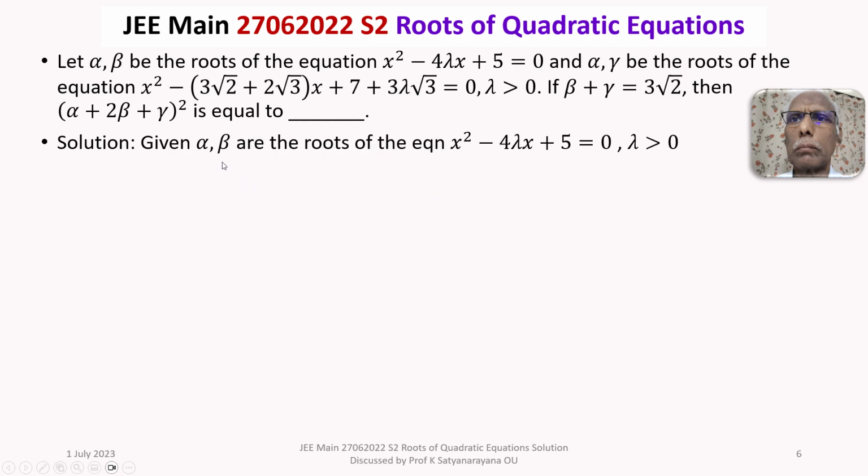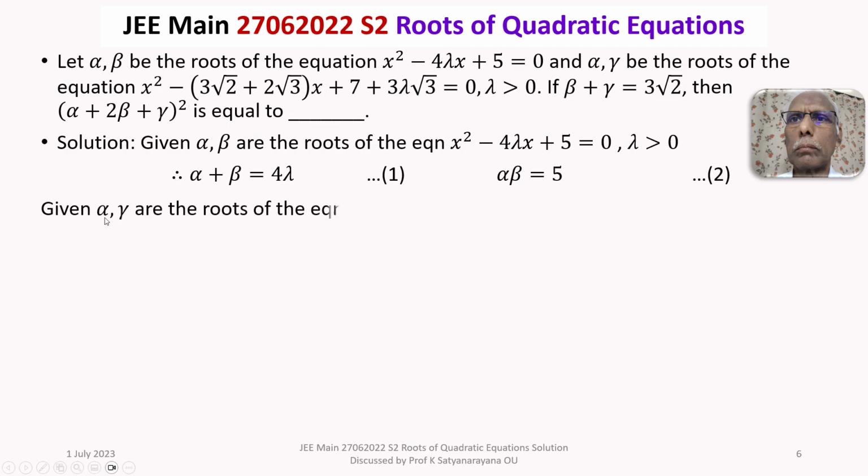It is known that the sum of the roots alpha plus beta is equal to minus the coefficient of x by the leading coefficient, that is the coefficient of x square, and alpha beta is equal to the constant term by the leading coefficient. With that, alpha plus beta is equal to 4 lambda. Let's call that equation 1. Alpha beta, the product of the roots, is equal to 5. Let's call this the second equation.